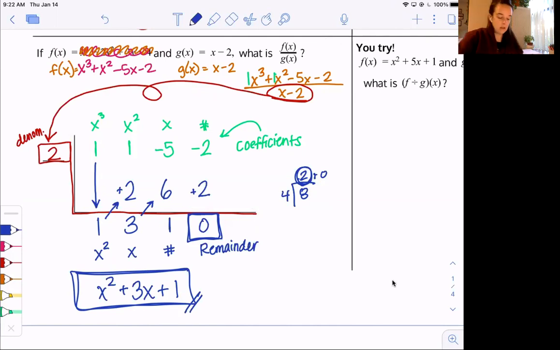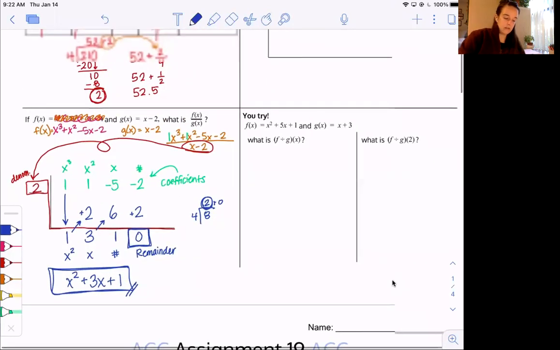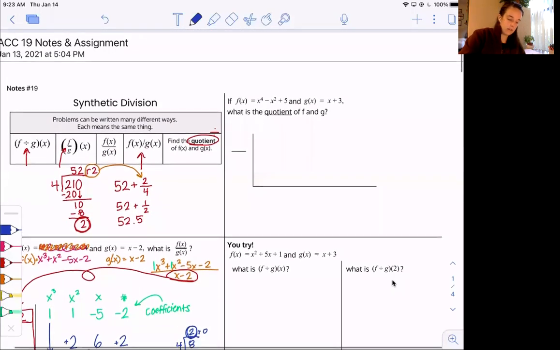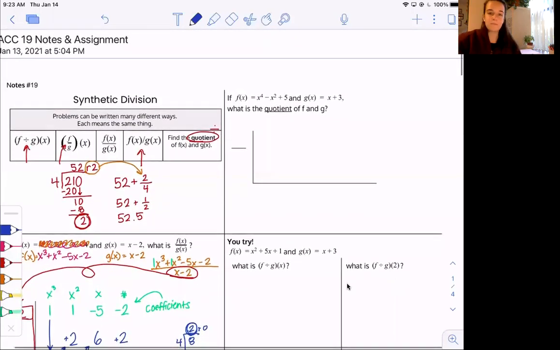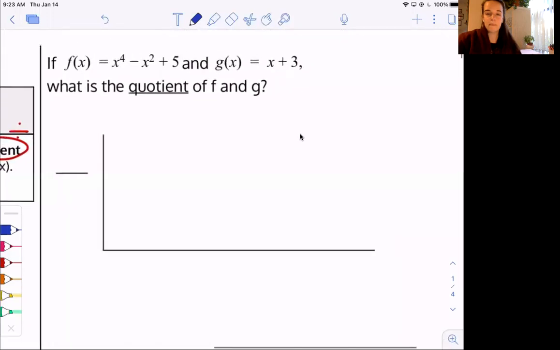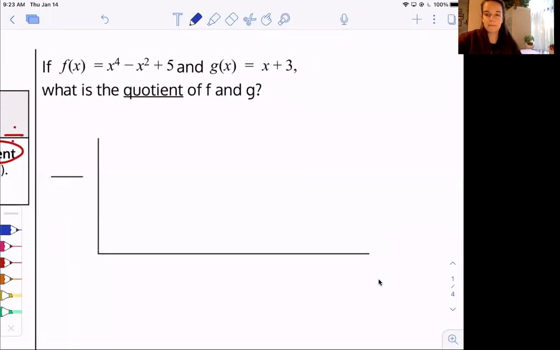All right, let's go ahead and do this next one here. Go ahead and write down this problem. So we have f of x equals x to the fourth minus x squared plus 5, and g of x equals x plus 3.